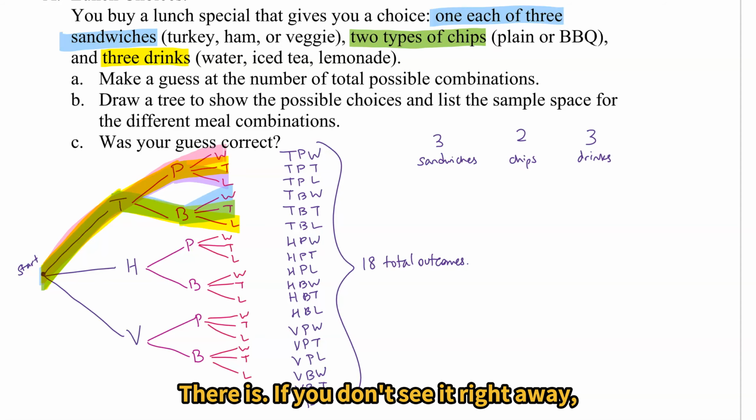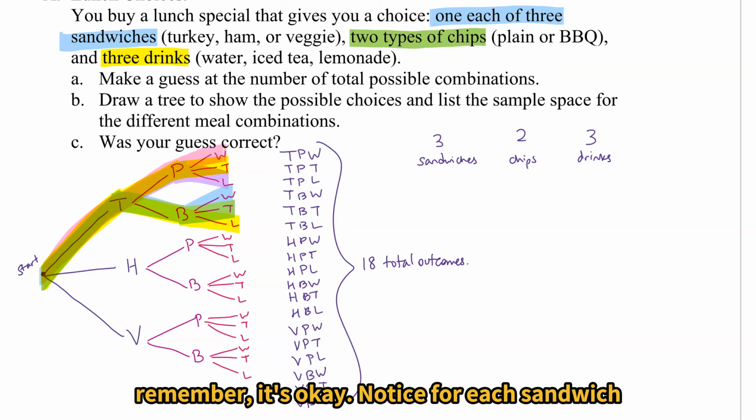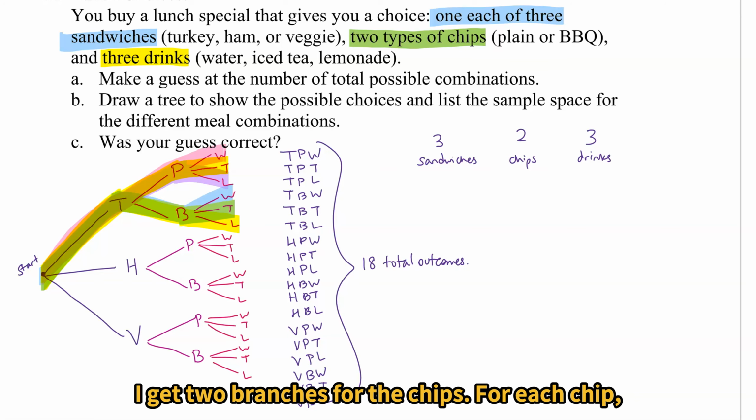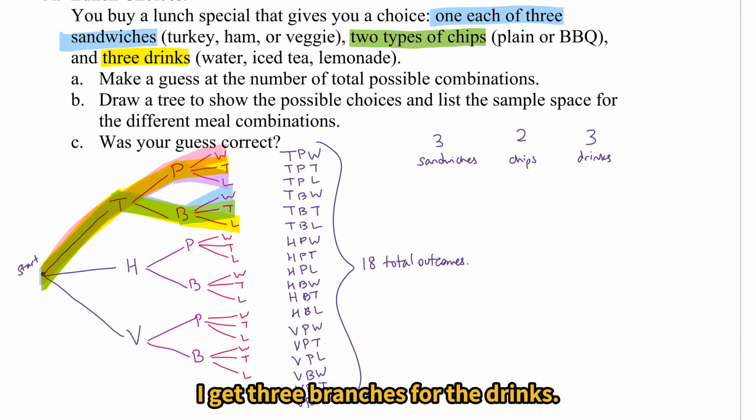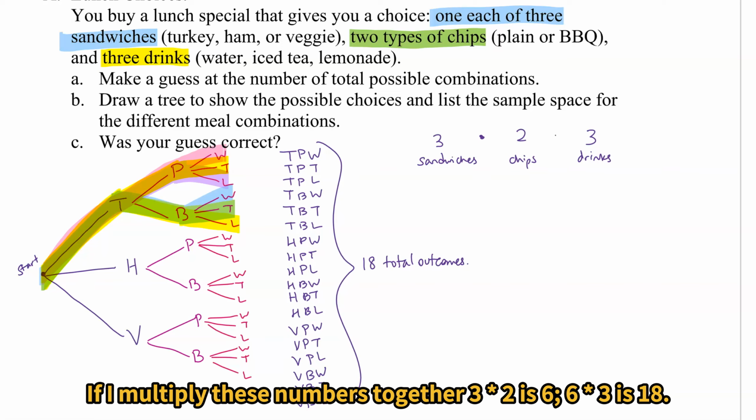Yeah, there is. If you don't see it right away, remember, it's okay. Notice for each sandwich, I get 2 branches for the chips. For each chip, I get 3 branches for the drinks. If I multiply these numbers together, 3 times 2 is 6. 6 times 3 is 18.